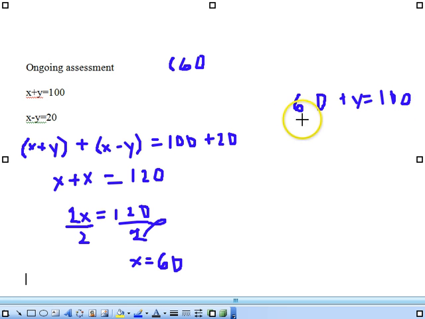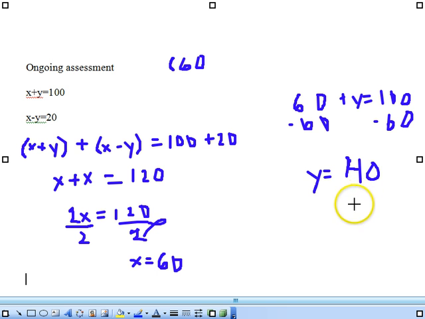Okay, and then of course you subtract 60 from both sides because you want to get y by itself, minus 60, and so y for your solution is going to be equal to 40 because 100 minus 60 is 40.